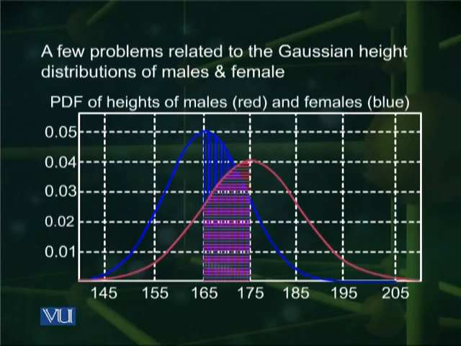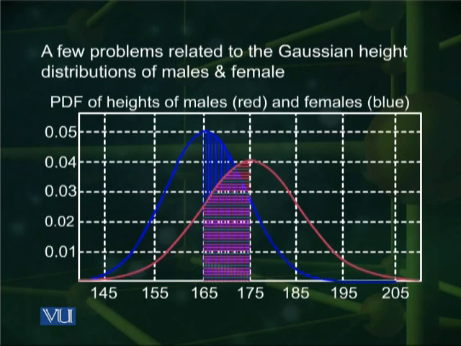By the way, these two events are shown on the slide as a blue hatched area using vertical lines, which represents the girl being between 165 and 175 centimeters, and the other event is represented by the red hatched area with horizontal lines, which represents the boy being of height between 165 and 175 centimeters.